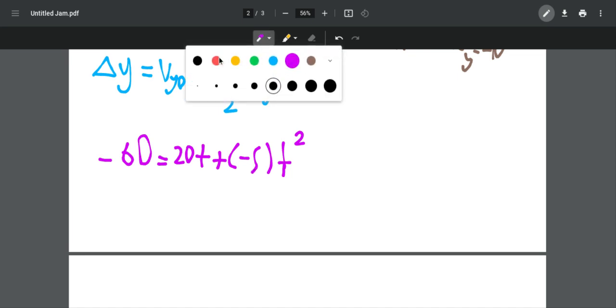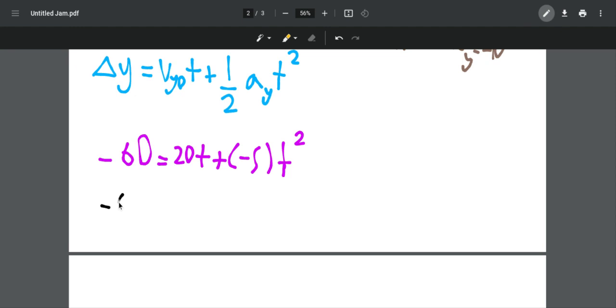So I get negative 60 equals negative 5 multiplied by negative 4t, plus t squared. And if we use our distributive property, we get the same expression as the right-hand side.